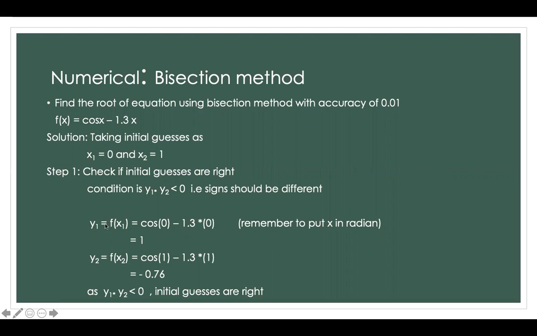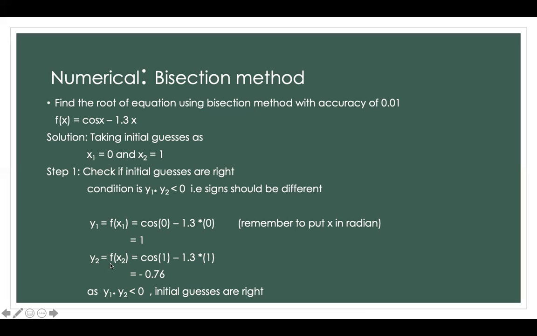Let us calculate y1. y1 is equal to f(x1), where the function is cos x - 1.3x. Put x1 equal to 0: cos 0 minus 1.3 into 0. 1.3 into 0 is 0 and cos 0 is 1. So y1 is equal to 1, which is positive.